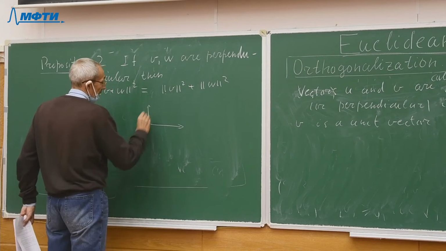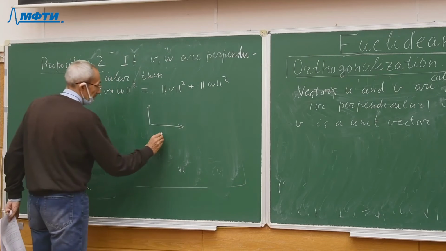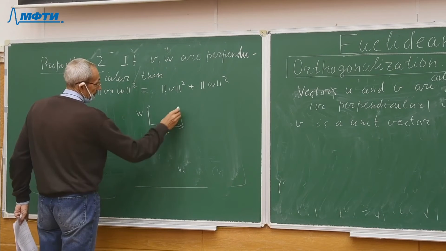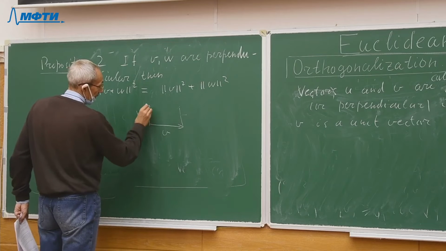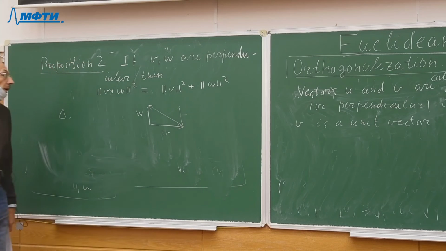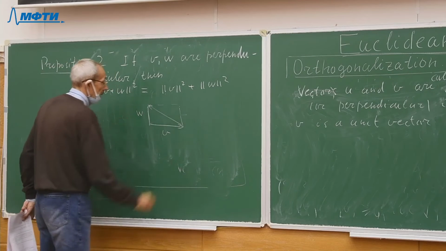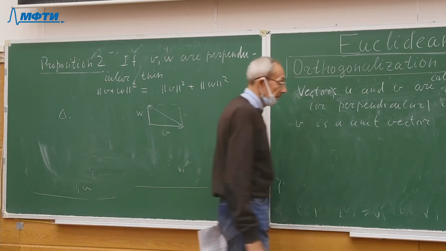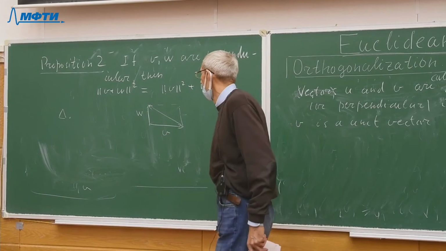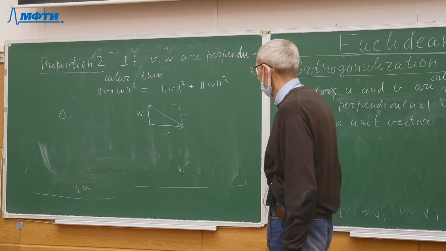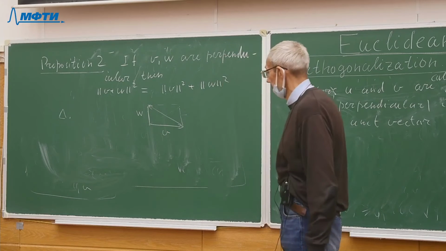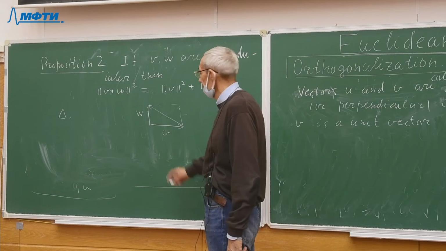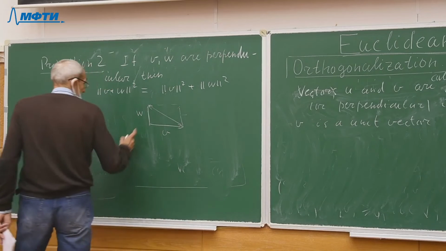If you have two vectors, this vector v and this vector w, the sum of these vectors is easy to see a hypotenuse of this right triangle, and the square of the length of the hypotenuse is equal to the sum of squares of the other sides.